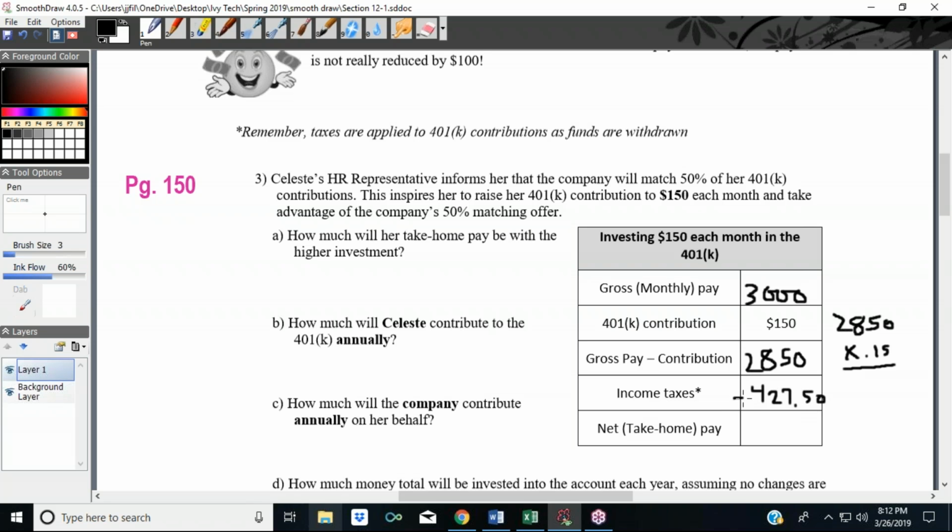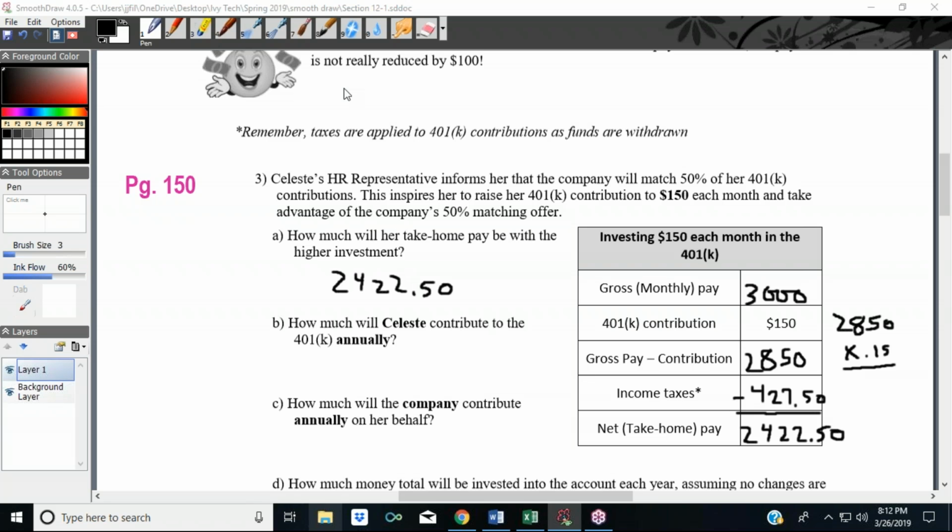And then we're going to subtract those now again like we did previously. $2,422.50. All right, it looks like Kelsey had that in there already. Good job, Kelsey.